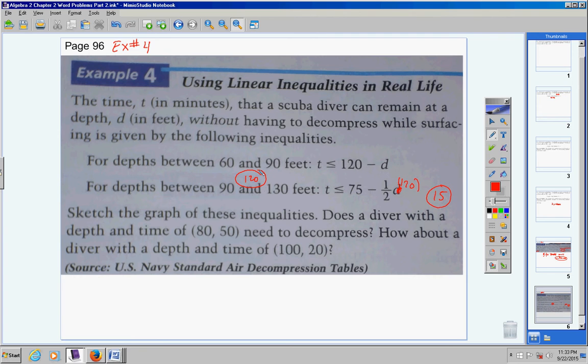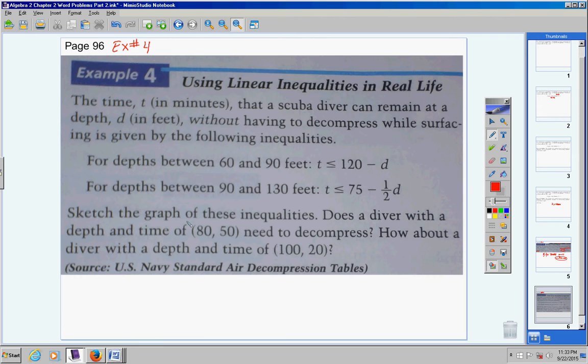It's a lot of pressure, so you can't stay there that long. If you stay for about 15 minutes or less, no problem. You can shoot right up to the surface and you'll be fine. However, if you stay for over 15 minutes, then you have to go up very slowly and decompress. And you have to make sure you have enough oxygen in your oxygen tanks to come up slowly. Okay, so that's what these models do for you.